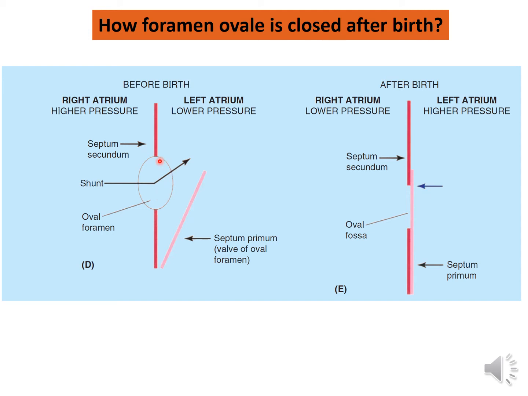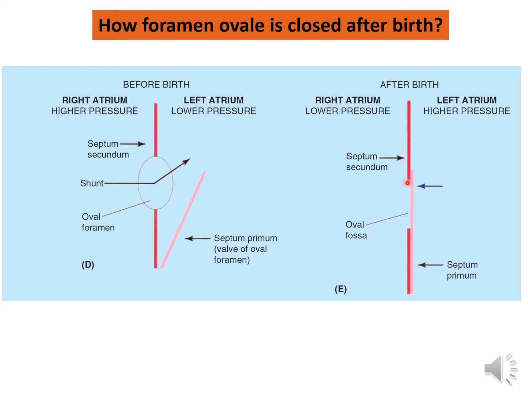And remember, this opening acts like a valve. After birth, once the lungs become functional, the pressure of the left atrium is higher than the right atrium, due to which the valve-like foramen ovale will be closed. Because of the pressure, your septum primum closes your foramen ovale.